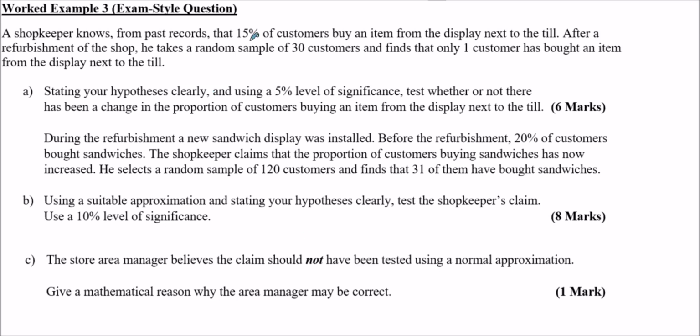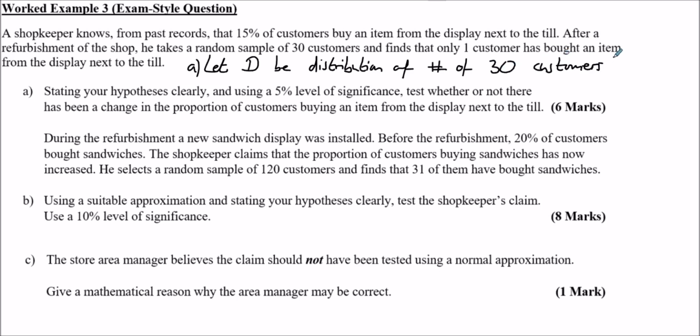So what I'm going to say here for A is let D be the distribution, not P, distribution of number of 30 customers buying an item from the display.